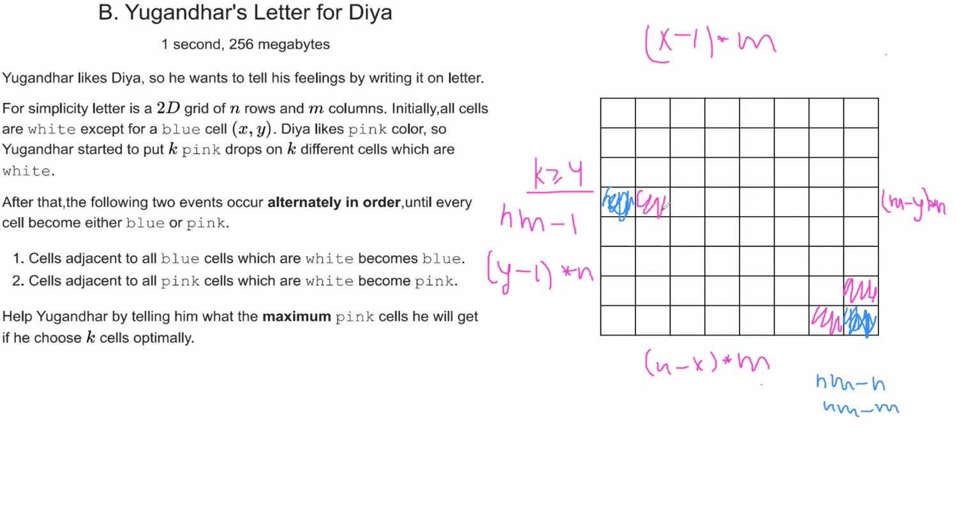Here we place one pink cell here, and for another pink cell, we have only 3 cells above and 4 cells below the blue cell, so we will place below to catch more. Then everything that is blue will be this part. Similarly for 3 and so on. So you just need to calculate all of those possibilities.